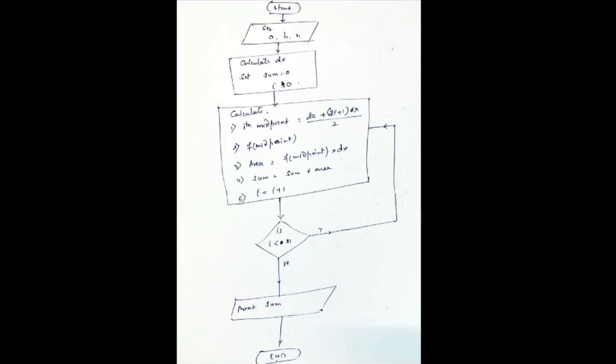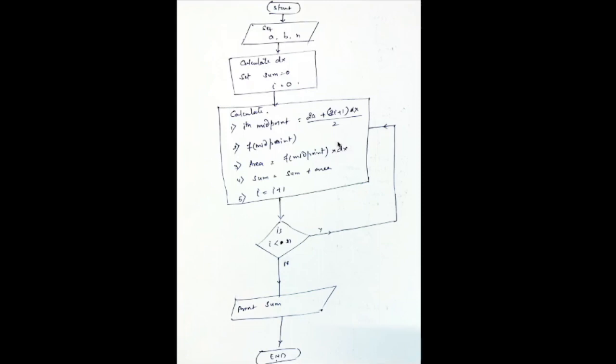Once you have set these parameters, you can go for the calculation part. First you use the midpoint formula to calculate the ith midpoint. Once the midpoint has been calculated, you can find the value of the function at the midpoint. Then the area of the ith strip can be calculated by multiplying f of midpoint, which is the height of the rectangle, and your base, that is the width of the rectangle.